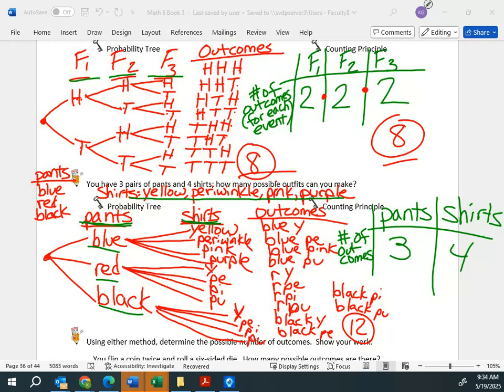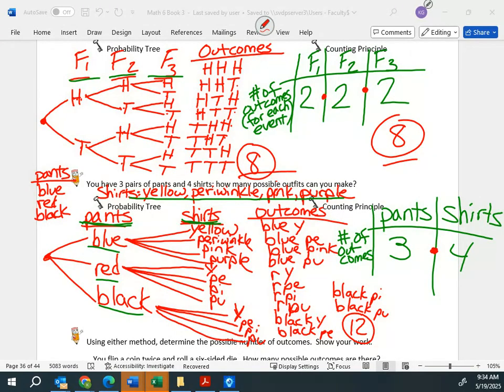Am I done? Does that tell me how many outfits I get? What do I have to do? What math do I need to do with my 2 outcomes that I have there? Sarah? I need to multiply them. So notice how I'm putting that multiplication symbol on the line, so I remember I'm going to multiply them.